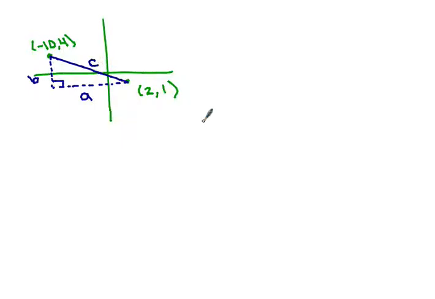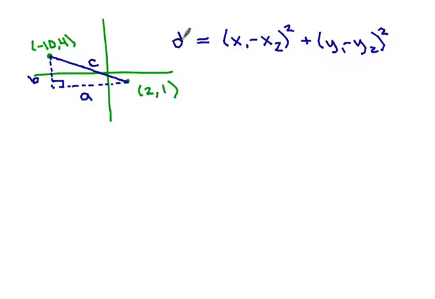So I know that A squared, which in this case is my difference in x's, plus B squared, my change in my y's, is going to equal my C squared, which in this case we're going to call distance. And instead of distance squared, we're going to take the square root of both sides, so that's how they come up with the distance formula.